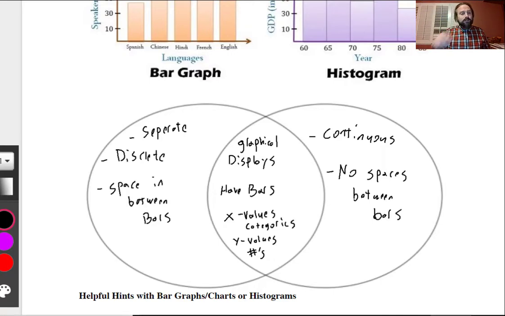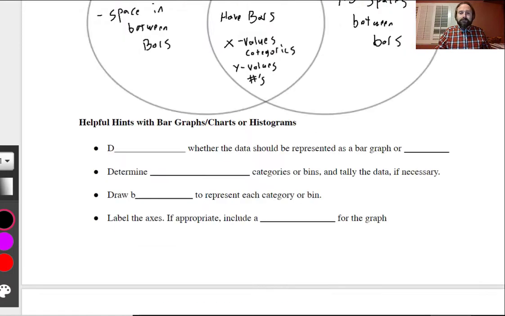Now let's go over some helpful hints that bar graphs and histograms could have. First, we're going to determine whether the data should be represented by a bar graph or a histogram. So which one is it going to be? Does that mean we're going to have discrete or continuous information?